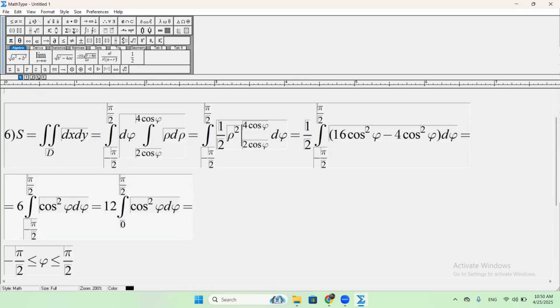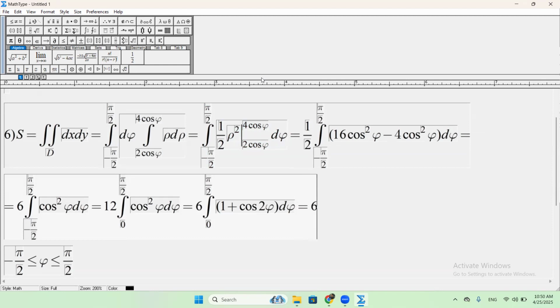Now let's reduce the power, and what will we have? It will be multiplied by 6: 1 plus cosine of 2 phi.